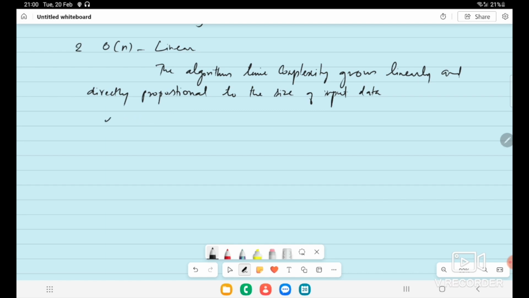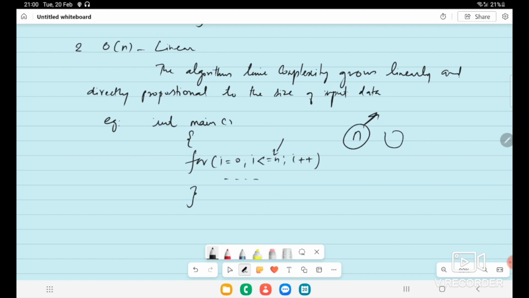An example of this is int main, for i equal to 0, i less than or equal to n, i plus plus, some code under the for loop. Here the complexity of the algorithm depends on the value of n. When the n value increases, the number of iterations of the loop also increases. So that's why it is order of n complexity.